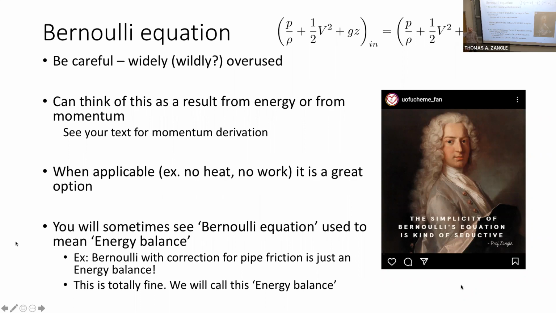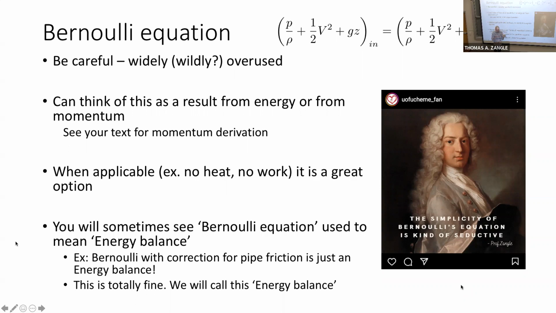We went through the derivation of the Bernoulli equation from the energy balance, and there were a number of assumptions we had to make to get to that expression in the top right corner of this slide. We had to knock out a bunch of terms, and even in getting to the form of the energy balance that we used to derive Bernoulli, we made a bunch of assumptions.